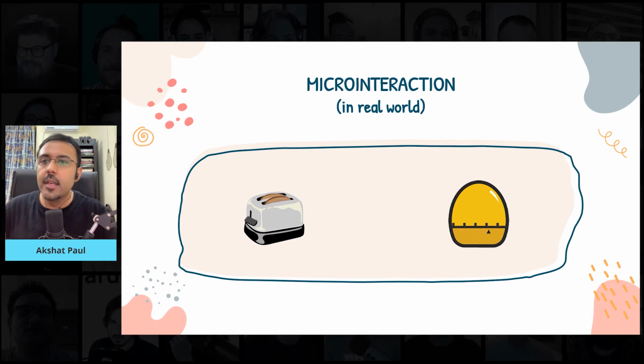The second one is an egg timer that pings to let you know that your eggs are cooked to perfection. Though these are very simple tasks and we think that they come by default, these are those small micro interactions, and they actually have proper steps to be followed in order to make them successful.